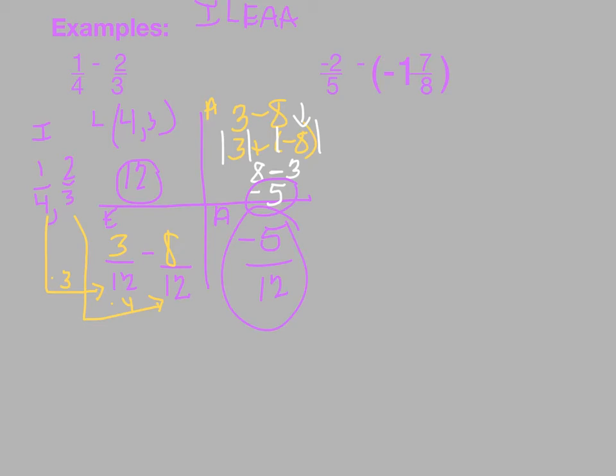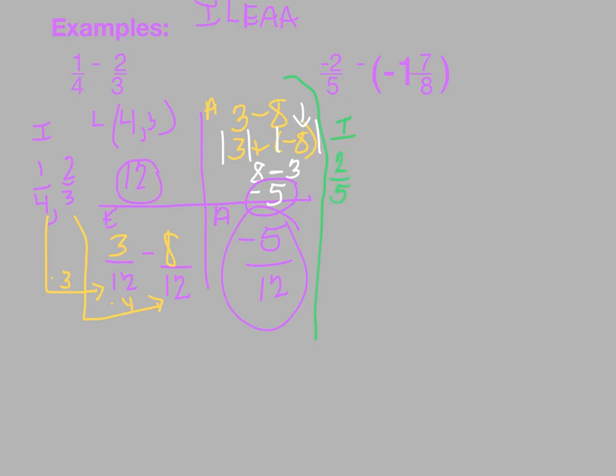Next problem. We're moving right along. I'm again changing my colors that I'm using just to make it easier to see the both of them. So here I am. I've got negative 2/5 minus negative 1 7/8. My first step is improper fractions. 2/5 already is.